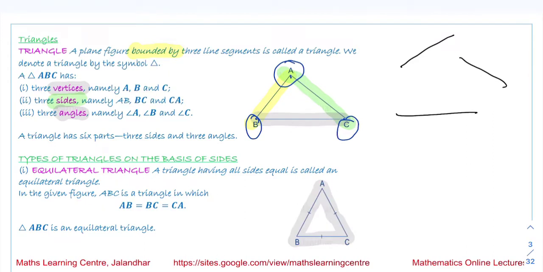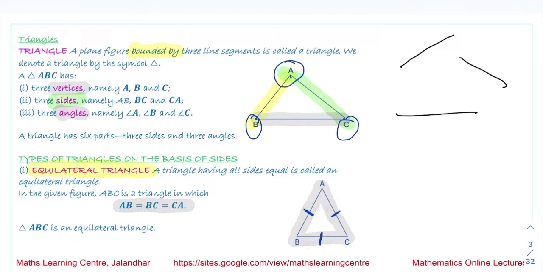We mark a line on each side. This means that AB is equal to AC, and we draw the third line too. So these 3 marks represent that AB is equal to BC is equal to CA, that is, all 3 sides are equal. A triangle in which all 3 sides are equal is called an equilateral triangle.